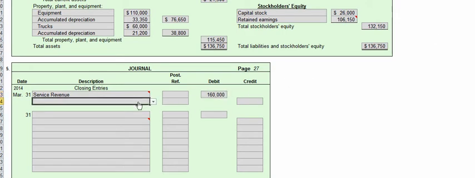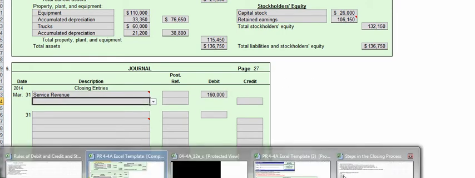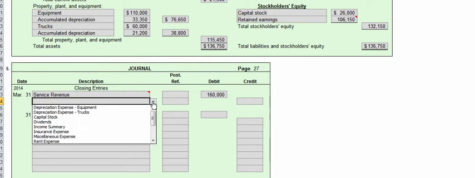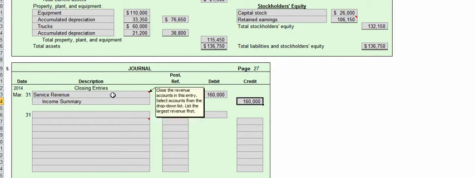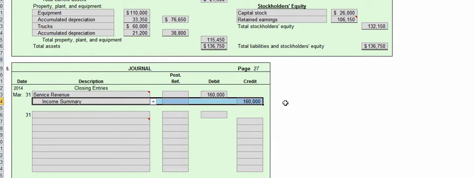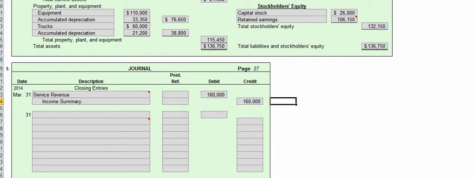Okay, and then the credit is to income summary. It's an account only used in the closing process. Okay, so we debited the revenue account for the amount of its balance and credited income summary for total revenues.